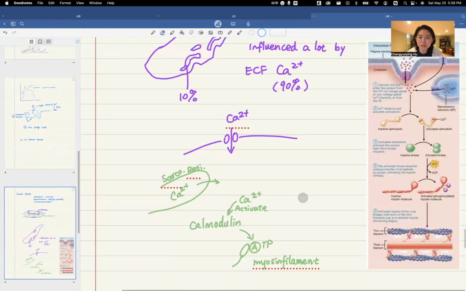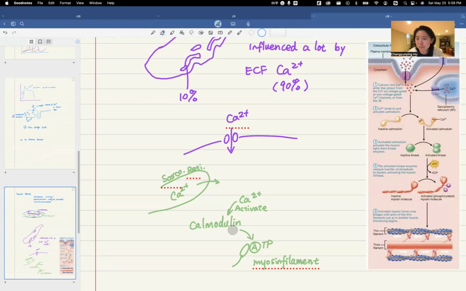And the process is similar. Calcium comes in, and calcium comes out from the sarcoplasmic reticulum, releasing some calcium, and this calcium will activate calmodulin.